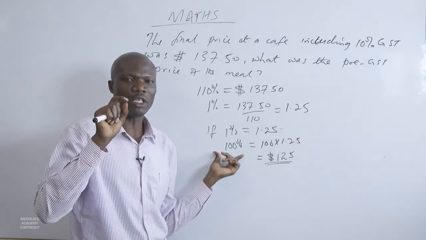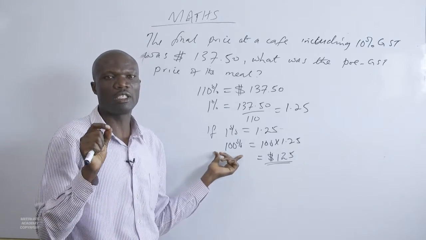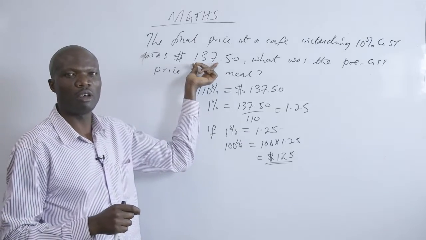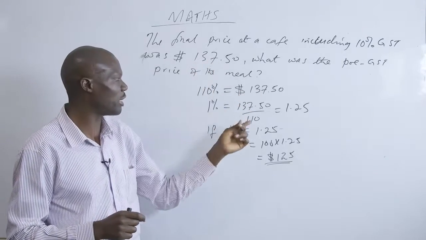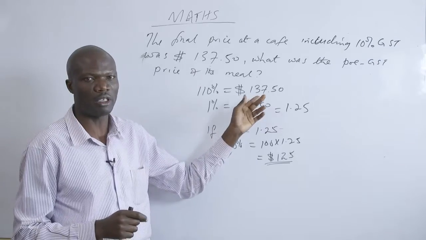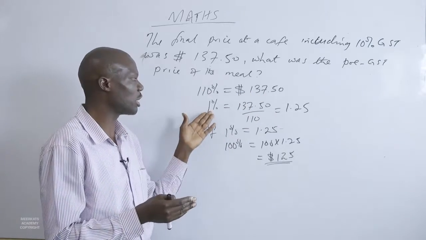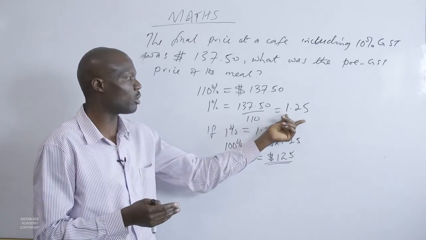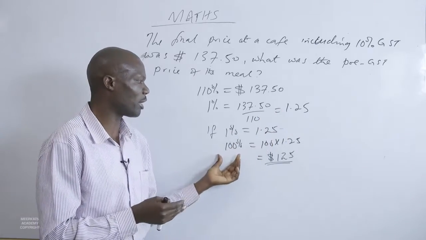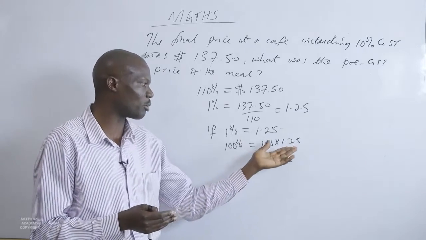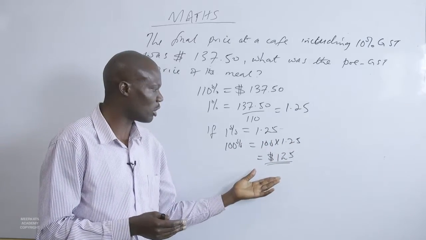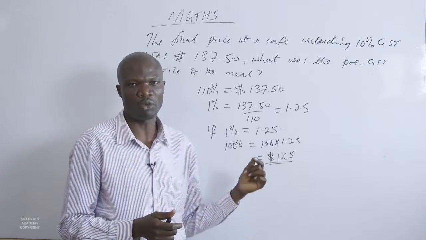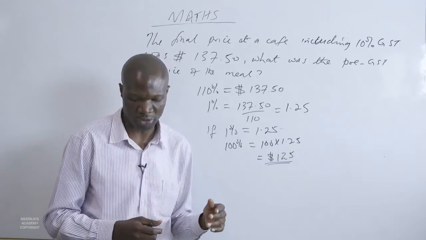Remember, what is charged on commodities is already inclusive. That's why $137.50 is equivalent to 110%. We approached this question using the unitary method, so we looked for 1%, which was equivalent to 1.25. Therefore, 100% is equal to 100 times 1.25, which gives us $125. This is the cost of that meal before the GST was imposed.